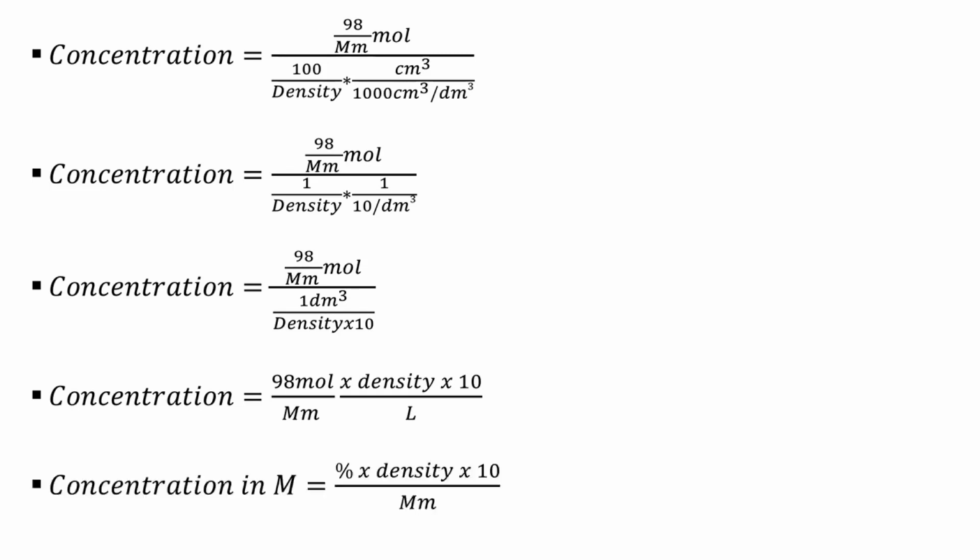So we can get the formula for calculating the concentration in molarity. If the solution has the density and the percentage, we take the percentage times the density times 10 dividing with the molar mass. So we use this formula in the other calculation.